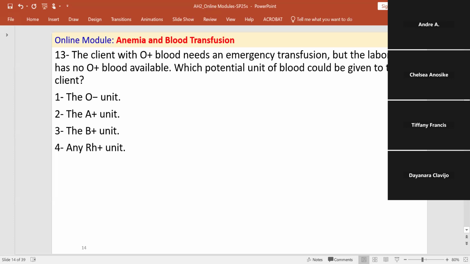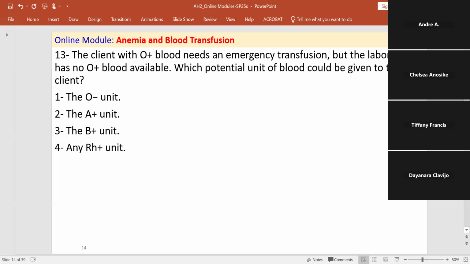The client with O positive blood needs an emergency transfusion, but the laboratory has no O positive blood available. Which potential unit of blood could be given to the client? So O positive blood, that's the patient, which is the recipient.